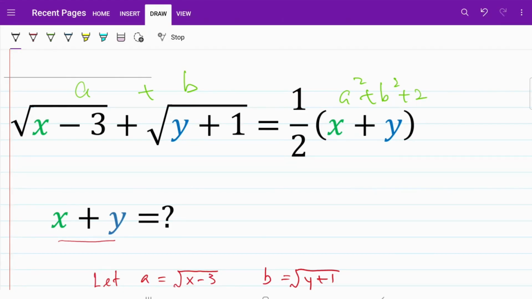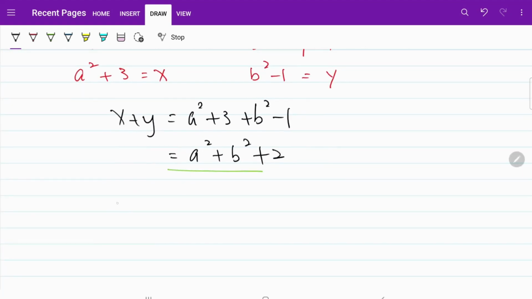Let me copy this down properly so that we can continue to work on it. I have a plus b is equal to 1/2 of a squared plus b squared plus 2.